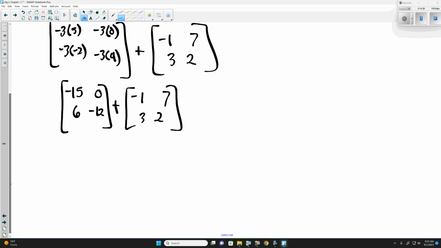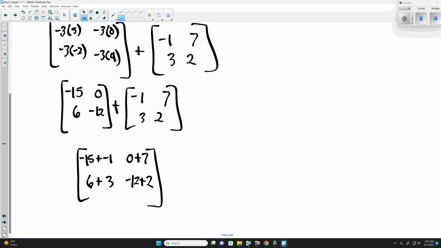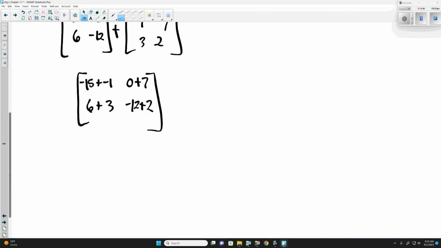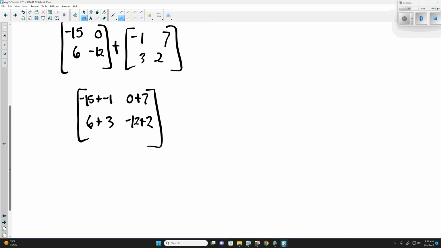Now at this point we can add the corresponding elements. So negative 15 plus negative 1, 0 plus 7, 6 plus 3, and negative 12 plus 2. Combine like terms.